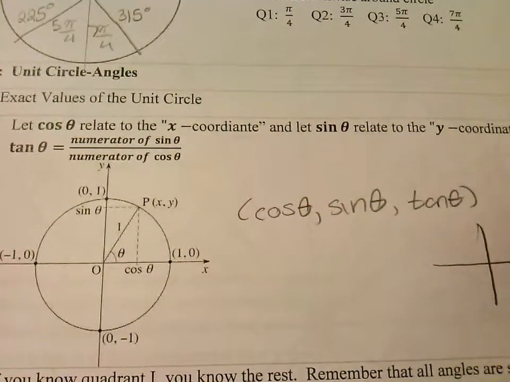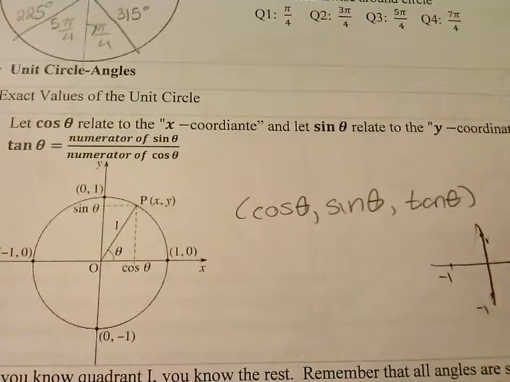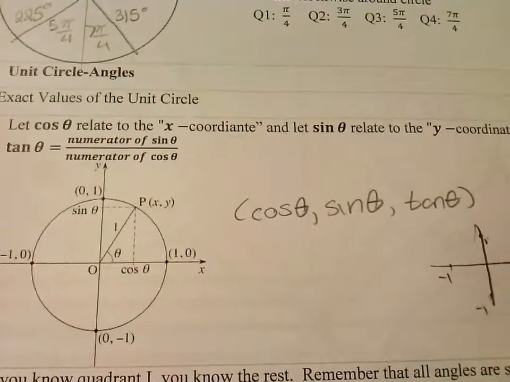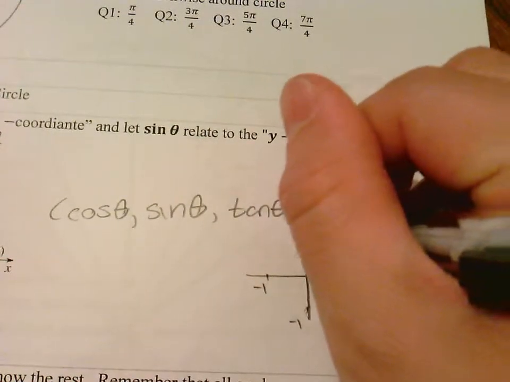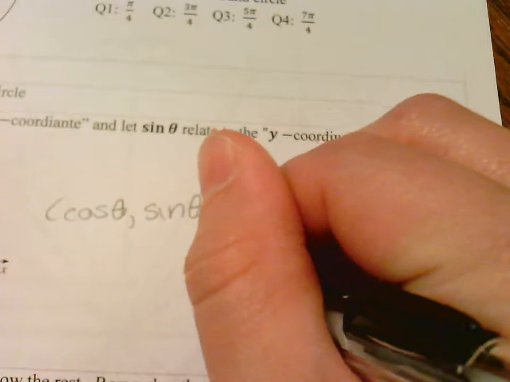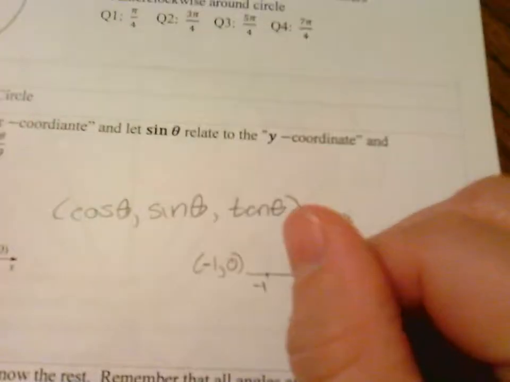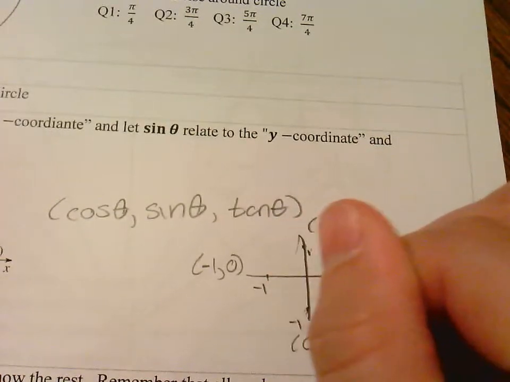If I was to ask you what that point is, you would say 1, 0. This point is going to be 0, 1. This point's going to be -1, 0. And this point's going to be 0, -1.